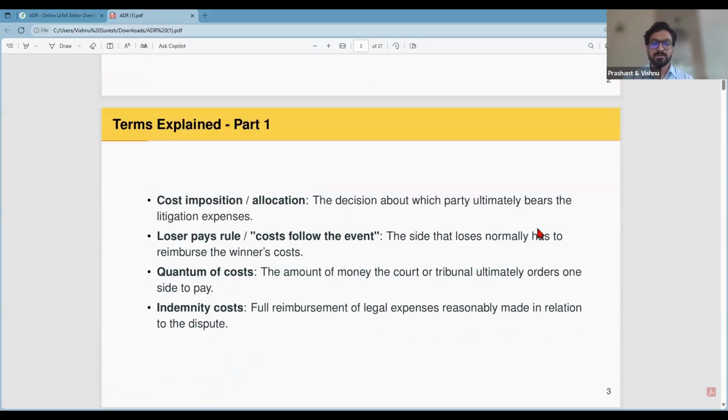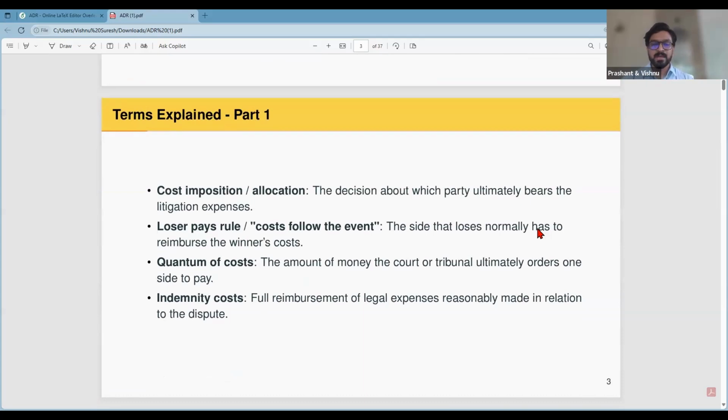So jumping right into the terms explained, at first, we have what is cost imposition or allocation. Essentially, it is the decision taken by a court or a tribunal about which party ultimately bears the litigation or the arbitration expenses. Essentially, who will bear the costs or the expenses of a dispute.